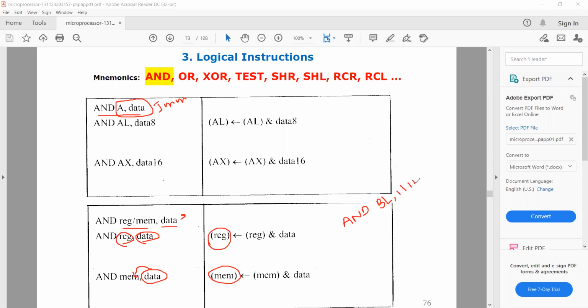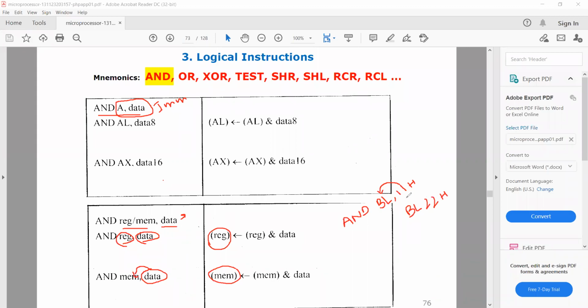This 11H is the immediate data, and it will be ANDed with the data present in the BL register, which is 8-bit data. Suppose the BL register has 22H.